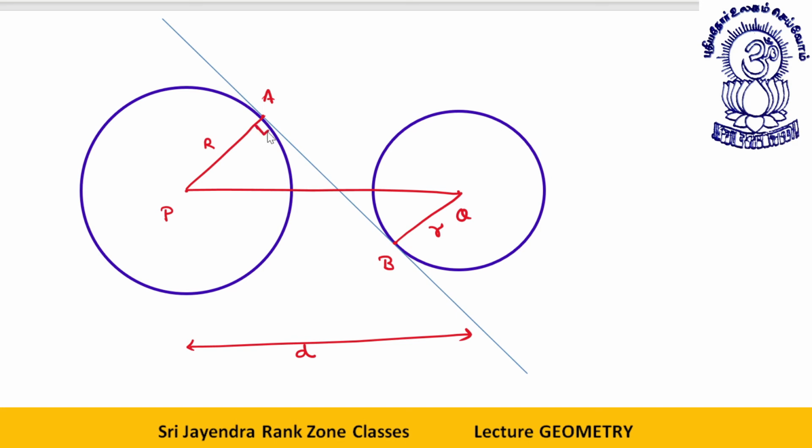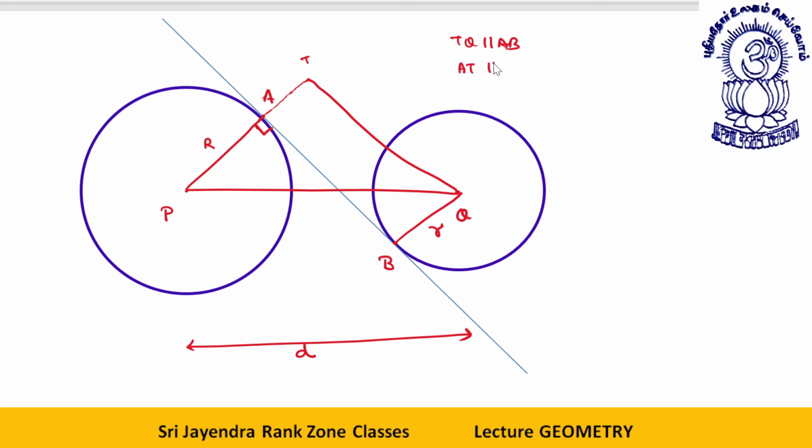Now in this case, this angle is 90°, this is a tangent, this is a tangent, this is a radius. What I'll do, I'll produce this like this. Parallel to this line, I draw another line like this. This is small r. This is A, this is B, this is Q, this is, let's say, T. Now TQ is parallel to AB.